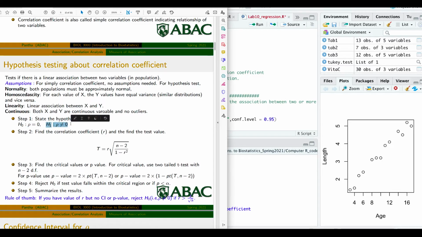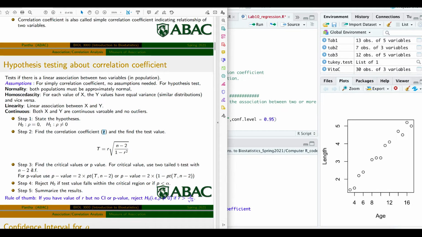Versus the alternative hypothesis, rho not equal to 0, meaning the population correlation coefficient is not 0, meaning the two variables are related or associated to each other. Step number 2, find the correlation coefficient r from the sample and find the test value. This is the formula to find the test value: r times the root of n minus 2, over the root of 1 minus r squared.